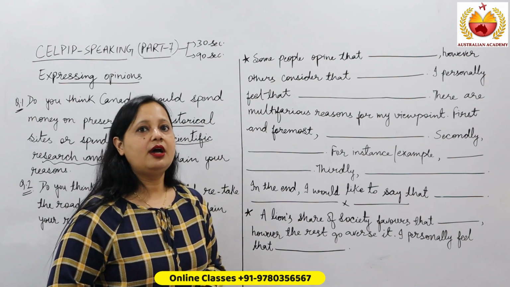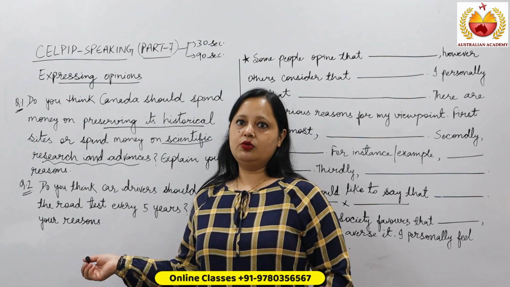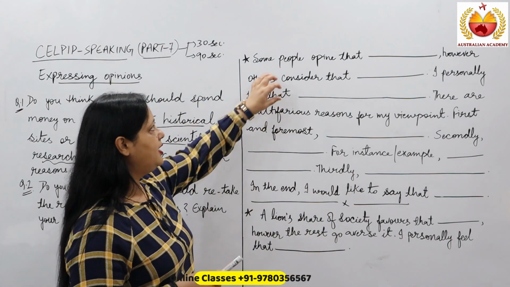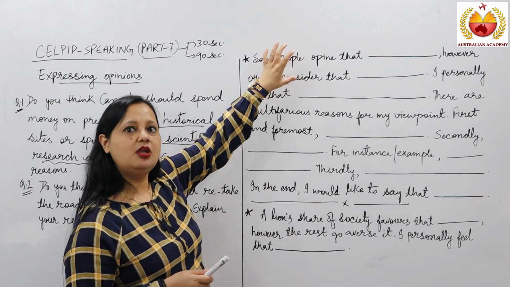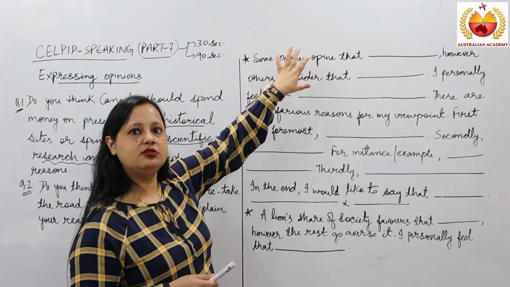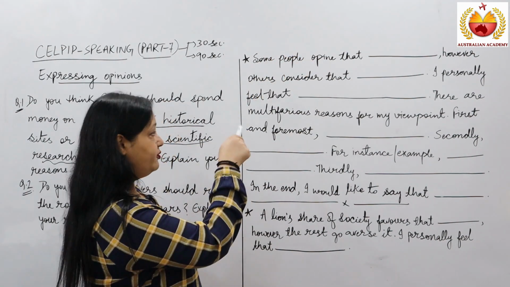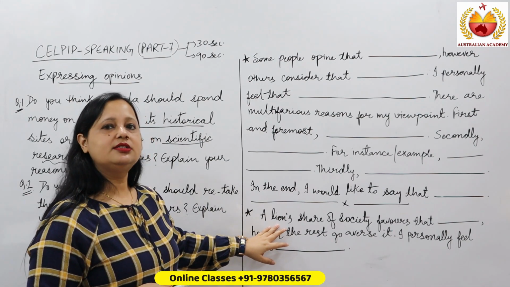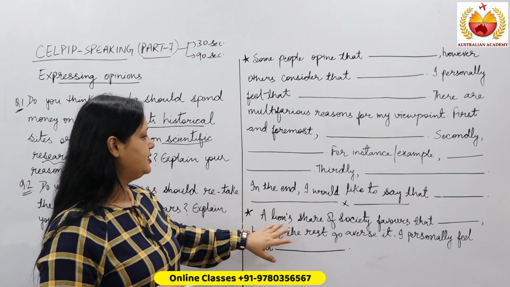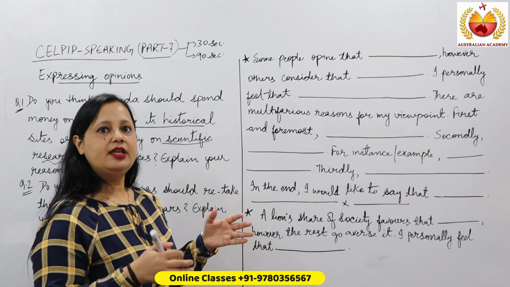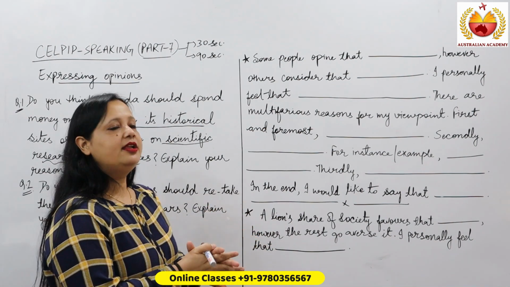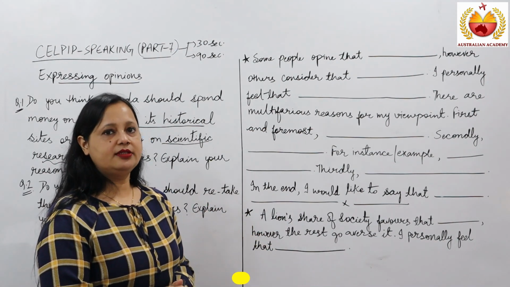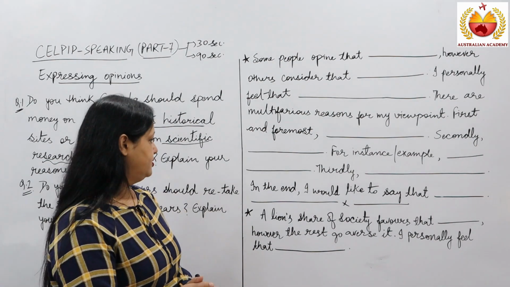Now I'll talk about the template for the second type of question. Here, obviously, you cannot say some people, other people, so I'm just going to change the beginning, the first sentence. You can start with, a lion's share of society favors that drivers should retake the test every 5 years.